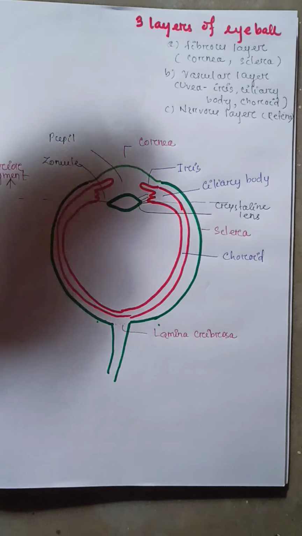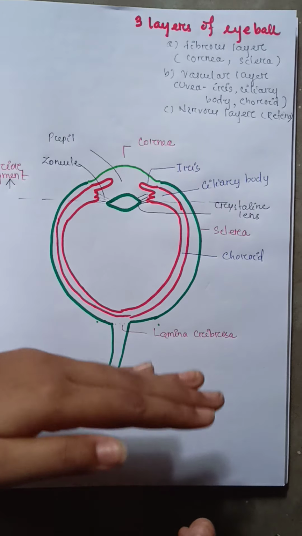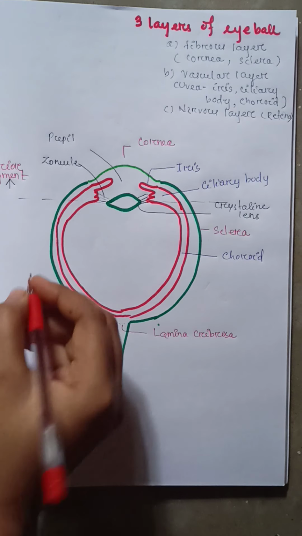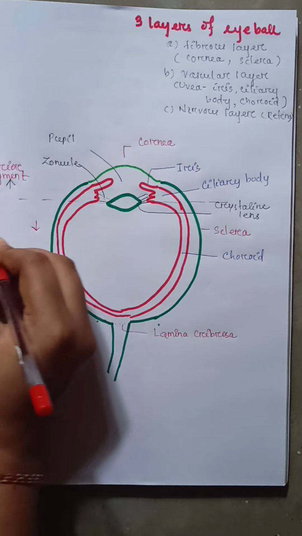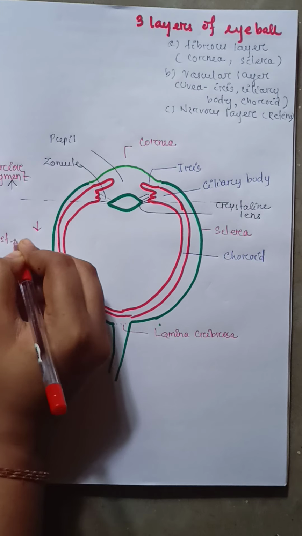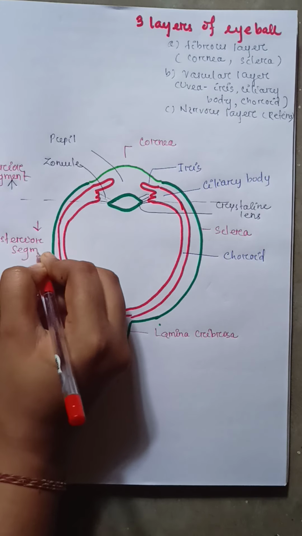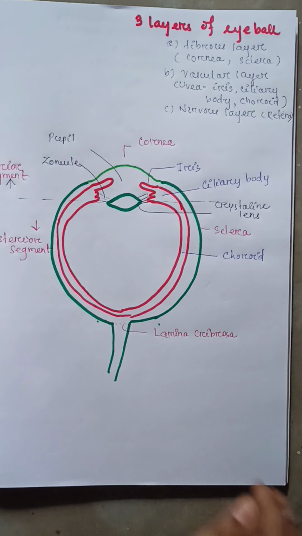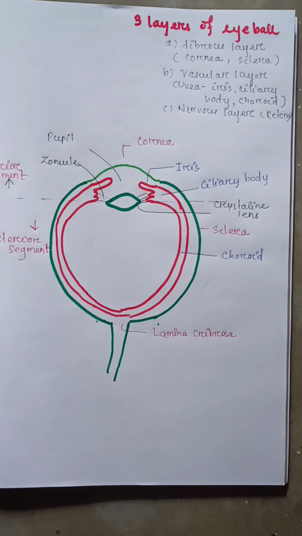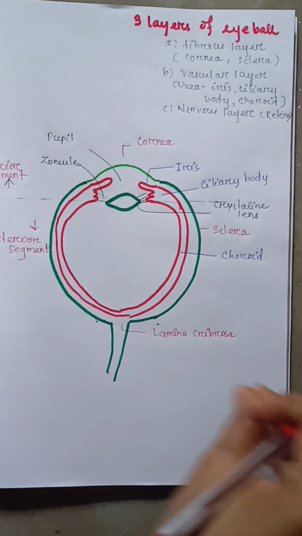And the part behind the crystalline lens is the posterior segment. I think it is clear about the anterior segment and the posterior segment. And in the anterior segment there are two chambers.